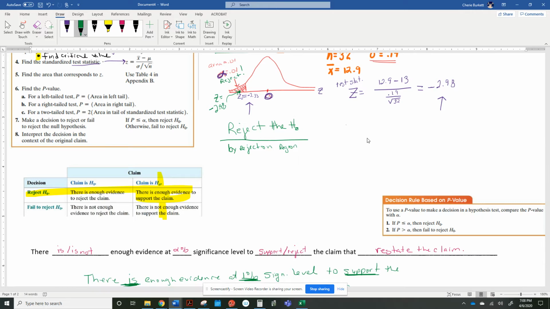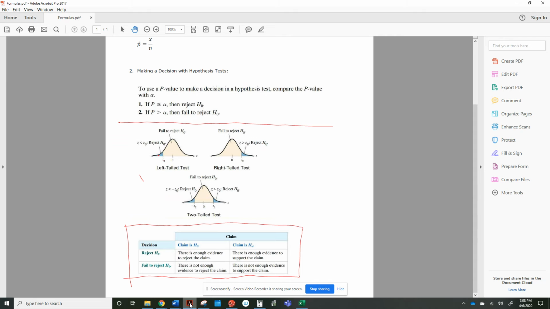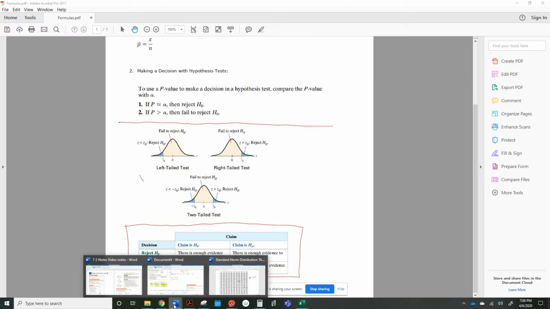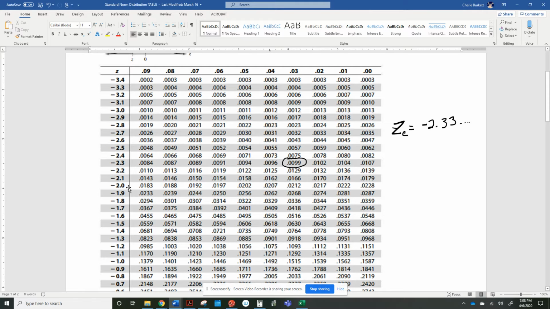The z-score, maybe this page just has too much going on. The z-score is negative 2.98. So you can go to your z-table, negative 2.98, and we see right here, negative 2.98.